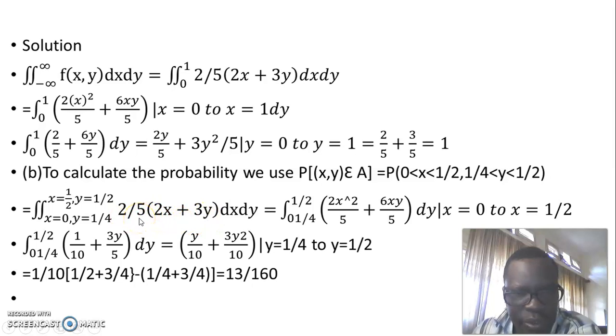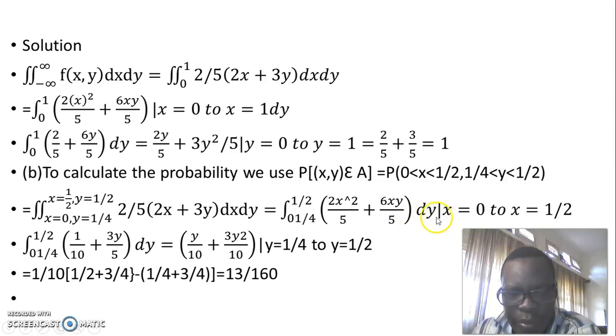So if we start by integrating with respect to x, we shall get 2x squared out of 5 plus 6xy out of 5. Then we are still remaining with integrating with respect to y.